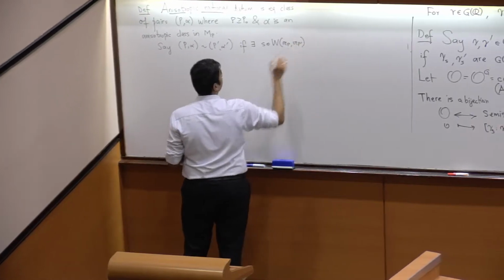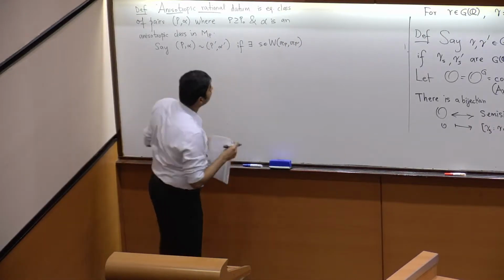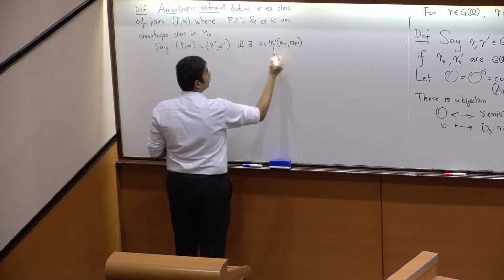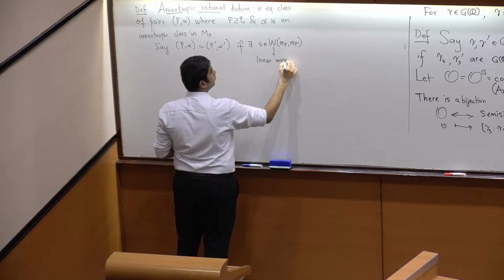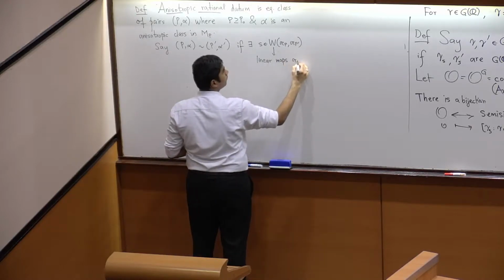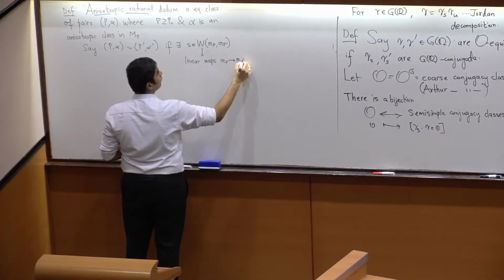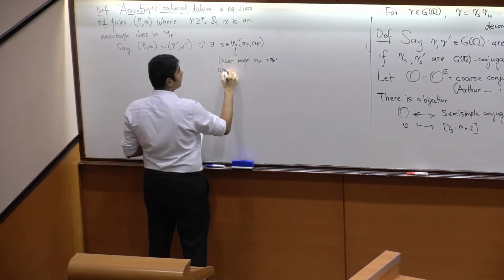A_P'. I haven't defined this, but these are the linear maps from A_P to A_P', obtained by restricting Weyl group elements.